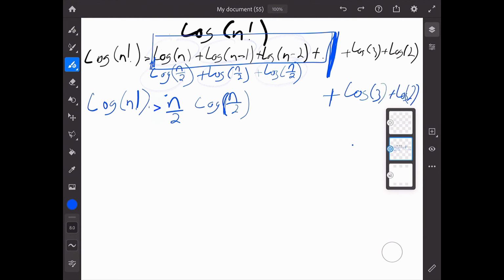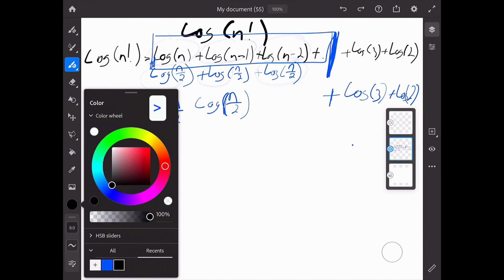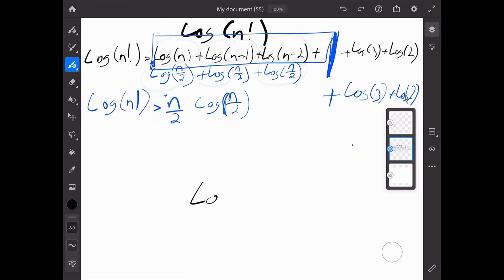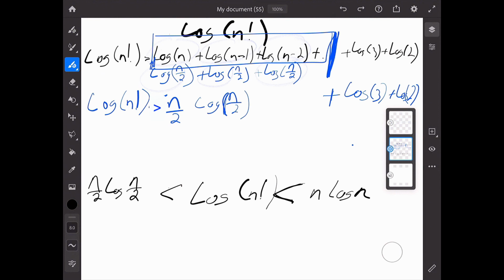And so what that tells us is we've sandwiched the log of n factorial so that it's smaller than n log n, and it's bigger than n over 2 log n over 2.